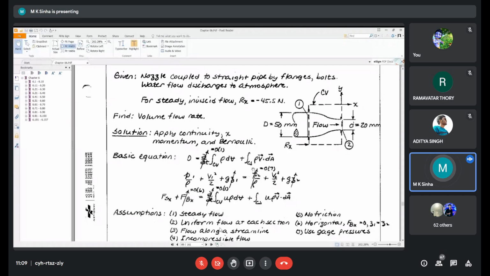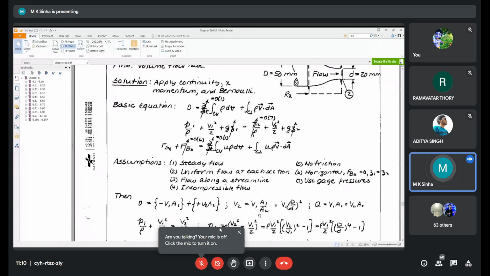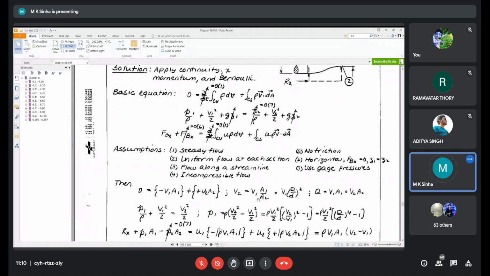See here, the pipe inlet side is connected to our nozzle at section 1, and the nozzle section is 2; both diameters are given. From the continuity equation, V1A1 equals V2A2. Then the Bernoulli equation: P1 by rho plus V1 square by 2 equals P2 by rho plus V2 square by 2.